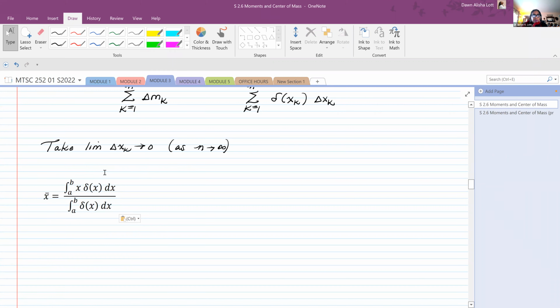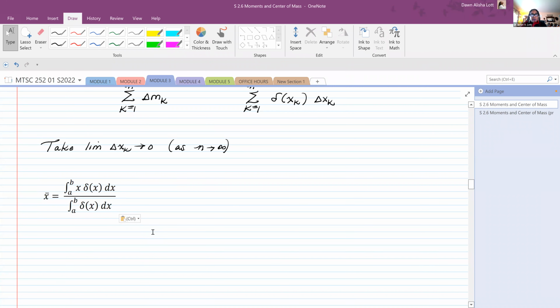So my new notation for x bar is going to be the integral from a to b of x times the density dx, divided by the integral from a to b of delta, or the density, dx. And this is very easy to compute.